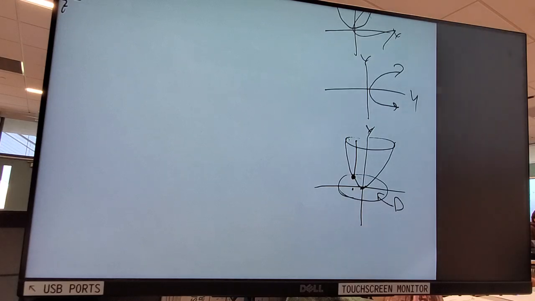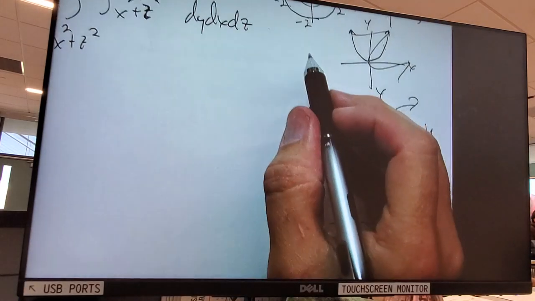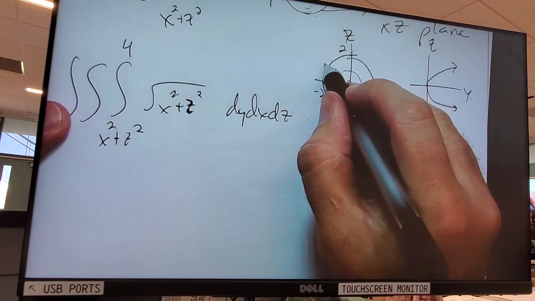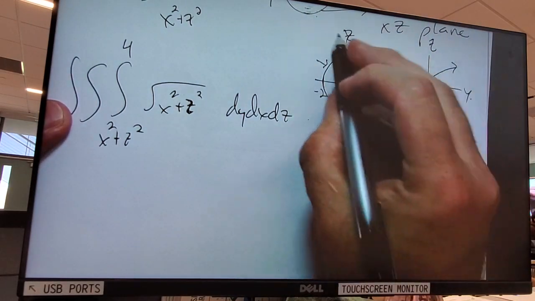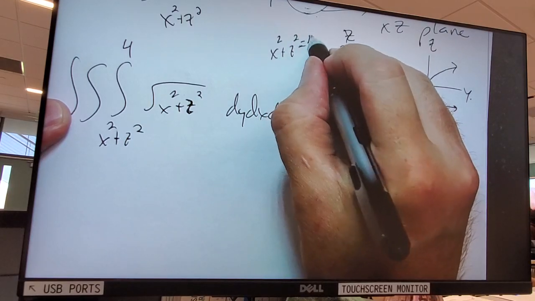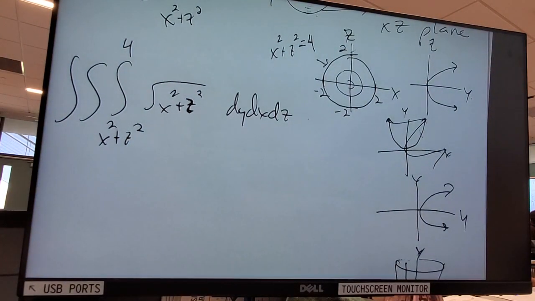So, let's do this straight up the way this is. What's the equation of this circle? Four.